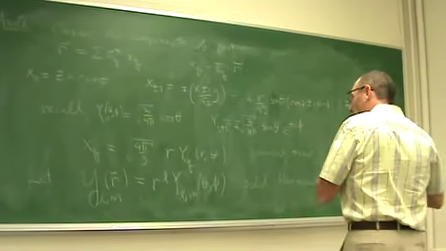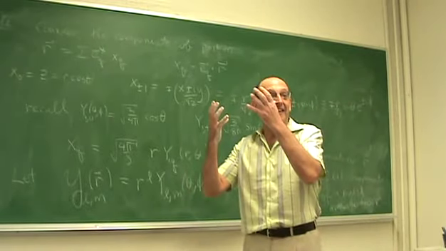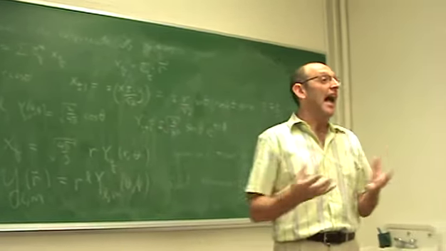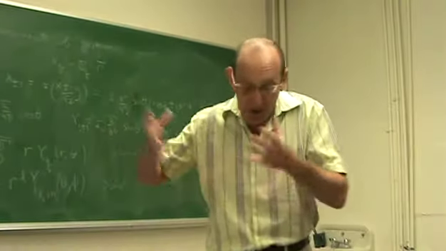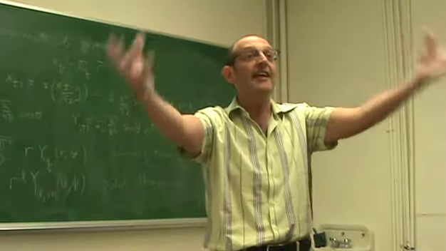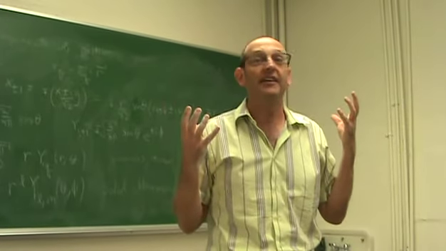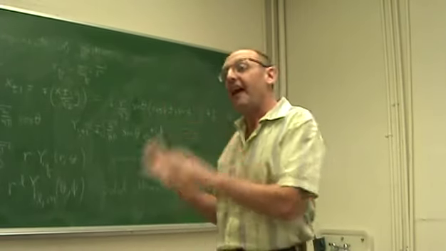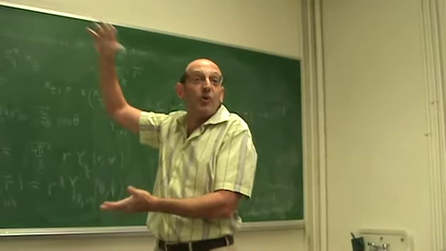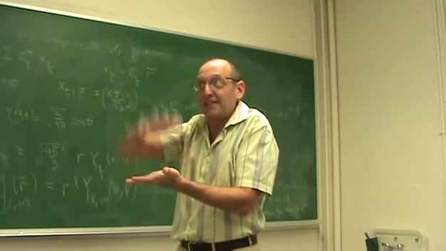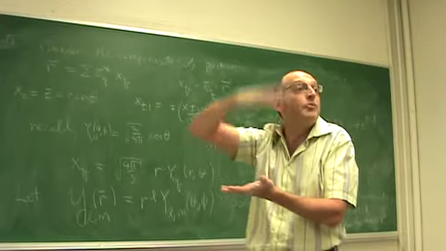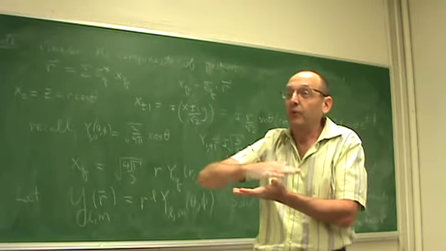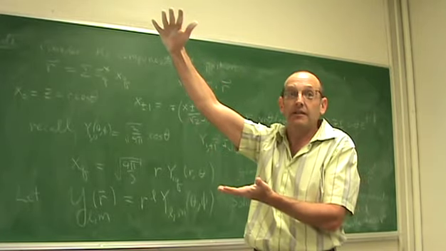And thus, when we look at absorption of light by atoms, we have to conserve angular momentum. Angular momentum goes from the ground state into the excited state through the absorption of the photon. And thus, that determines the selection rules between which excited states I can go to through the absorption of light through a dipole approximation.